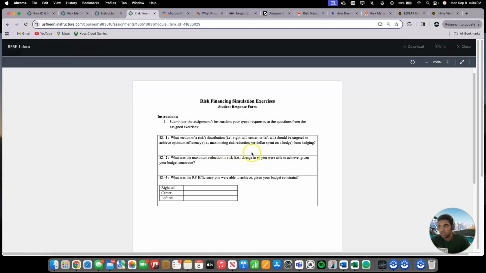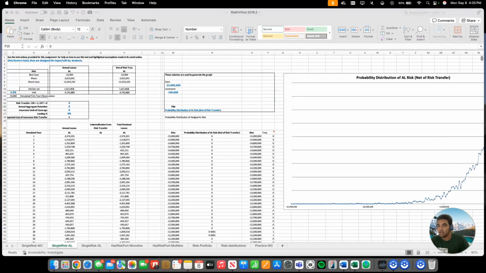So what is the maximum reduction in risk? So change in standard deviation. To find your maximum reduction in risk, I listed out the best case, mean, and worst case, like the difference.